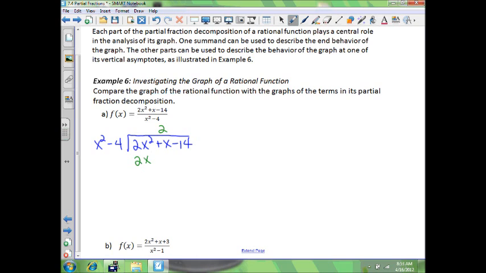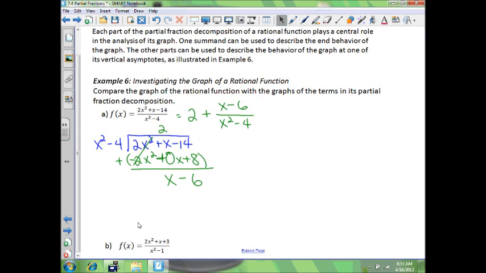So I have 2x squared plus 0x minus 8. We switch all the signs down here, so that goes away, and we'll have x minus 6. So I can really rewrite this as 2 plus (x minus 6) over (x squared minus 4).